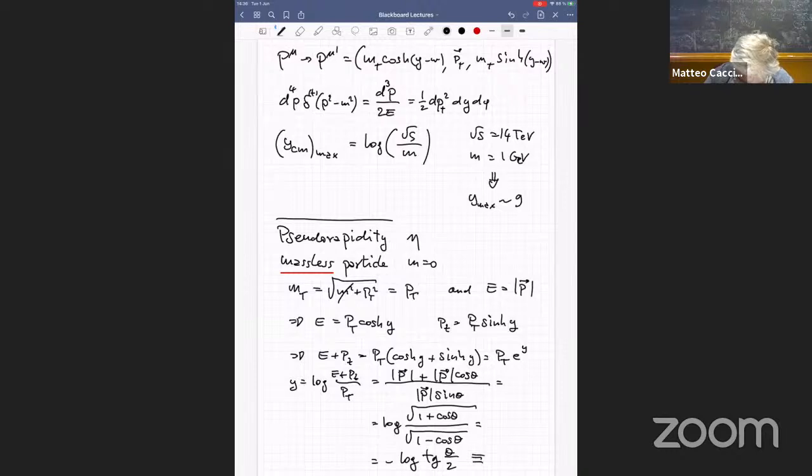And this is what is defined as being the pseudo-rapidity. So you see, when the mass of a particle is 0, rapidity is equal to pseudo-rapidity. And then pseudo-rapidity has a clear geometric interpretation, description like this one. Pseudo-rapidity is directly related to an angle, to a position over the polar coordinate of the detector.